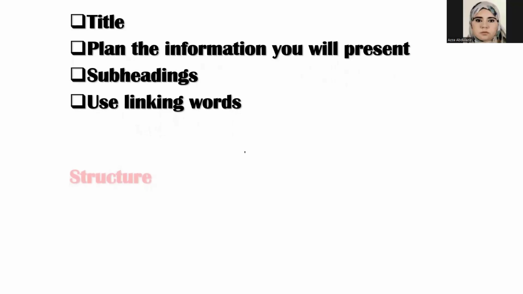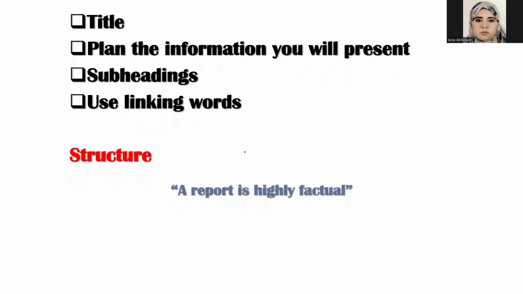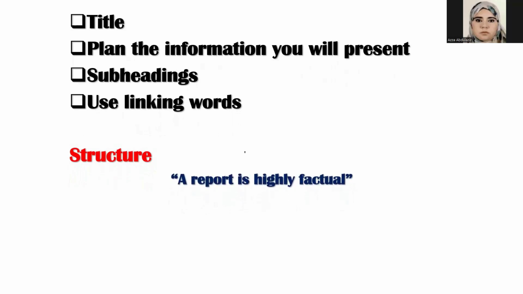Let's consider the structure of report writing. Firstly, a report is highly factual and informs the reader rather than trying to make them feel or react in a particular way. The report typically uses subheadings to organize the text. And the language in a report is objective.